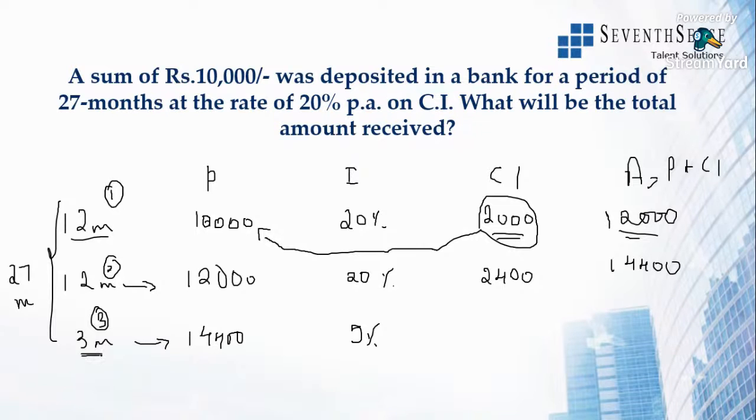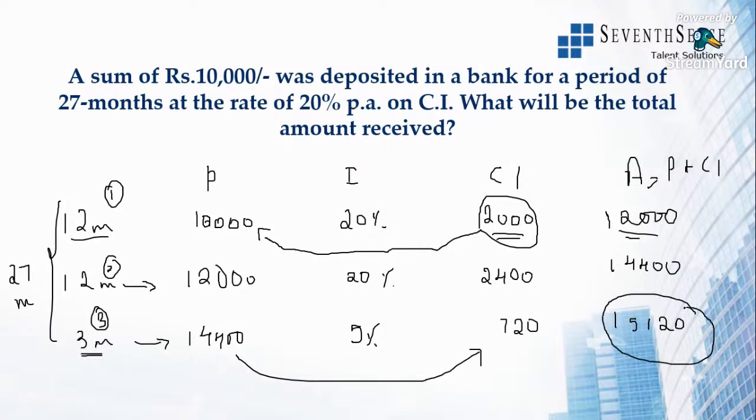Now find out 5% of 14,400. 10% is 1,440, so 5% is 720. Now add both to get the final amount. 14,400 plus 720 will give me 15,120. So this is the total amount received.